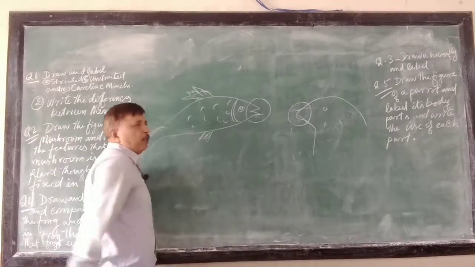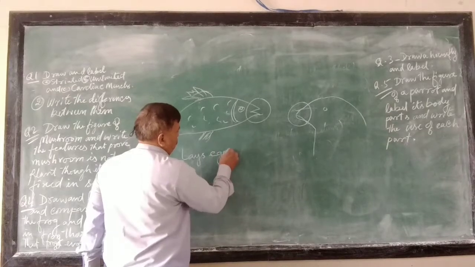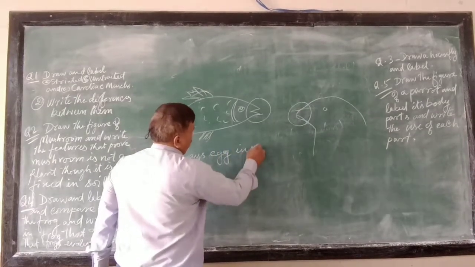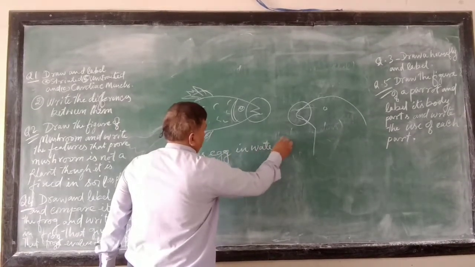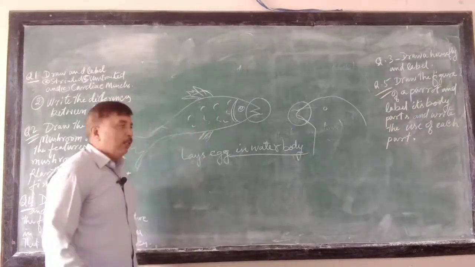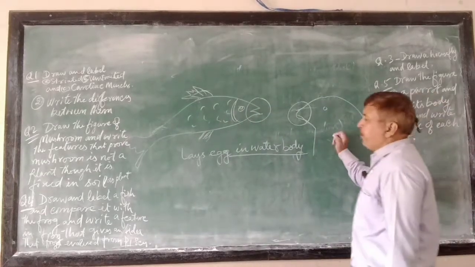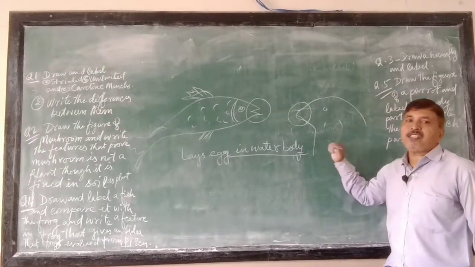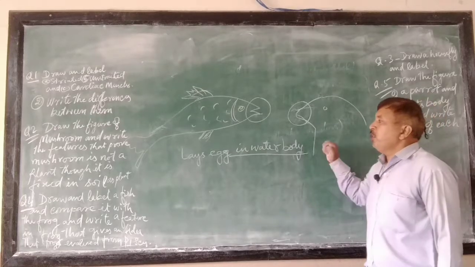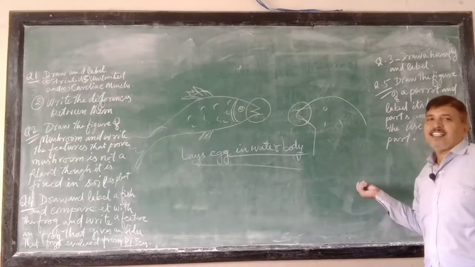This fish lays eggs in water. And this is the feature that is very common in amphibians. Amphibians need water body to lay their eggs. Right?